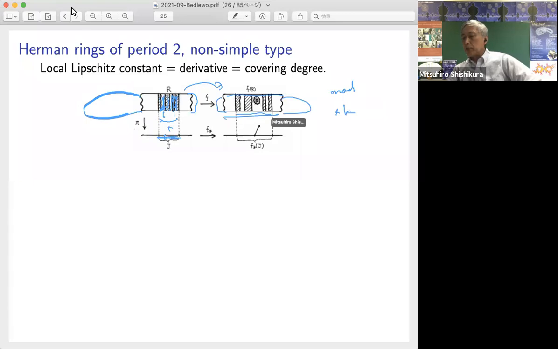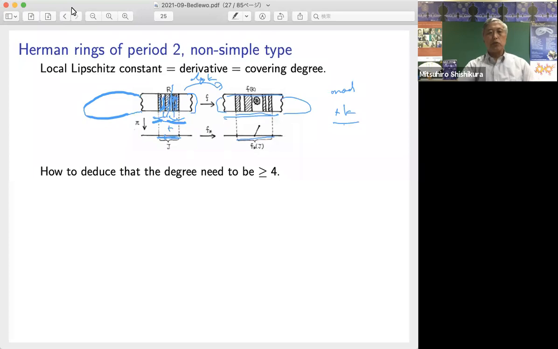That means distance is multiplied by the same number. So in a sense, the distance is expanded by this factor k if the covering degree is k. Of course, in general, there could be some point in between so that the degree is different between the left-hand side and right-hand side. In that case, you have a discontinuity of the degree. But you can show that there are only a finite number of points with discontinuities.